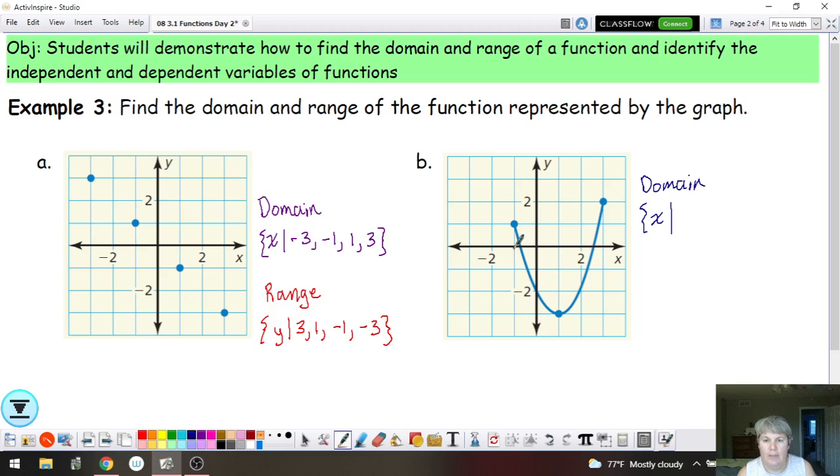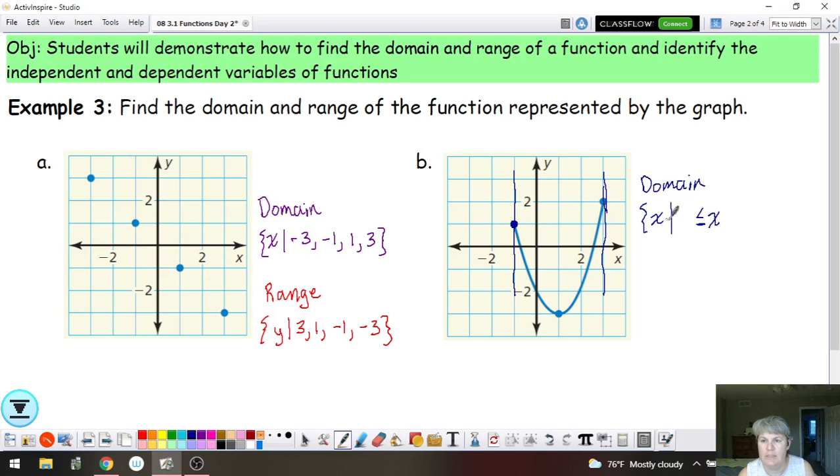I notice that my lowest x value is at -1. And I notice that my largest x value is at +3. Since domain is x, I'm going to say that x has to be more than, and I'm going to say equal to, because this is a filled in circle on the end.